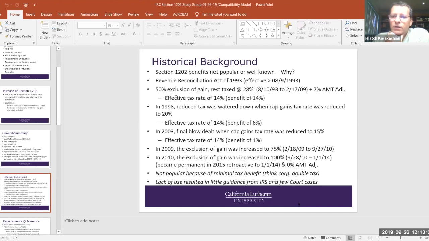However, the 1202 exclusion and the tax rate on the non-excluded portion remained at 28%. So you were getting a 14% benefit, but the entire gain would be taxed at 20%, so your savings was only 6% instead of 14% originally.